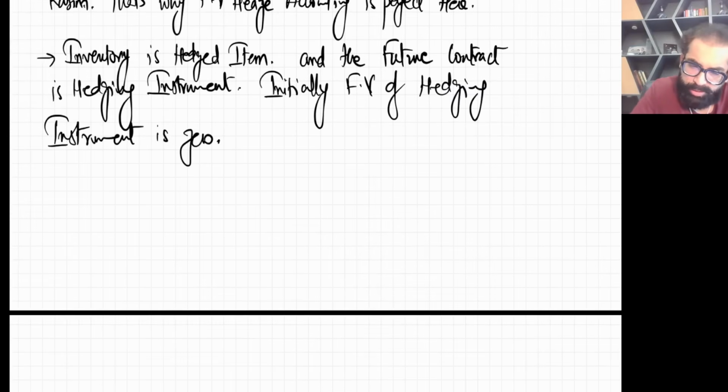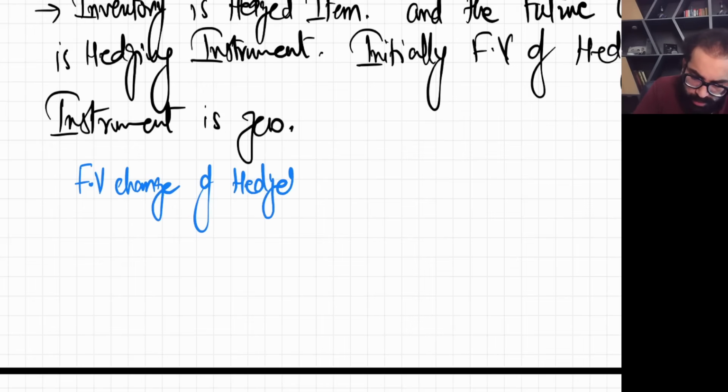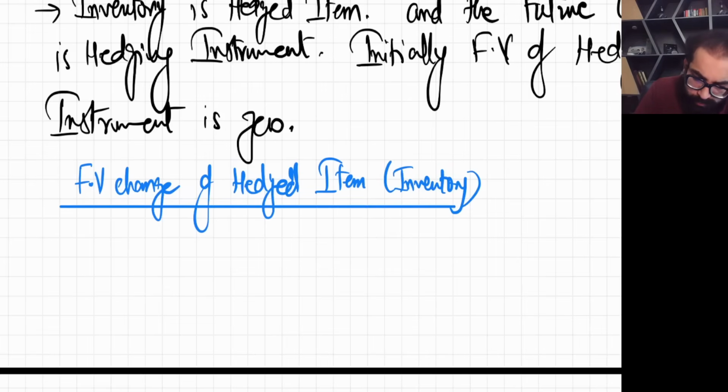First of all, give the heading of hedged item, that is inventory. So how are you going to do it?